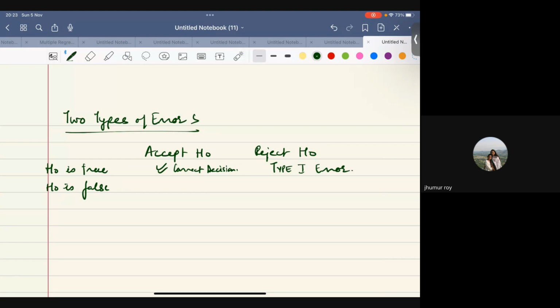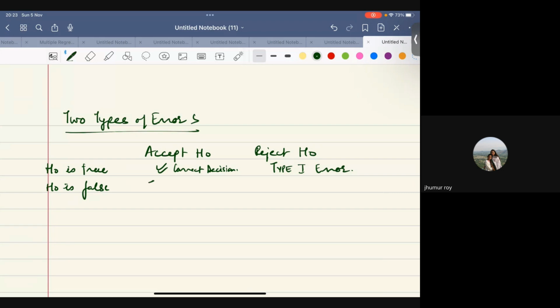If the null hypothesis is correct, but you are rejecting it, then it is called type 1 error. Then, if the null hypothesis is wrong and you accept it, there is also a wrong decision.